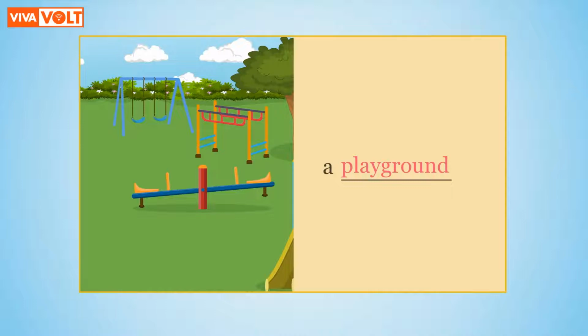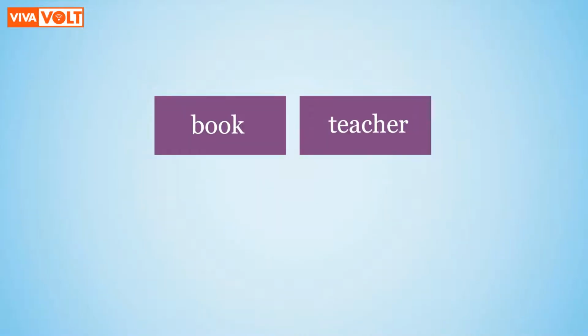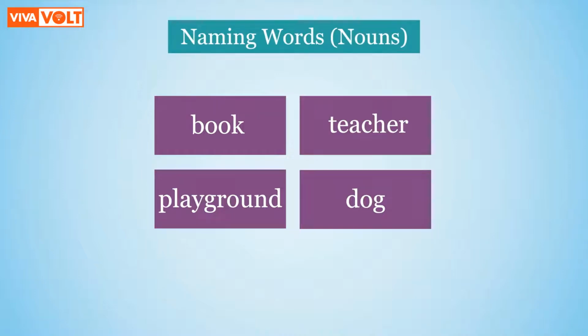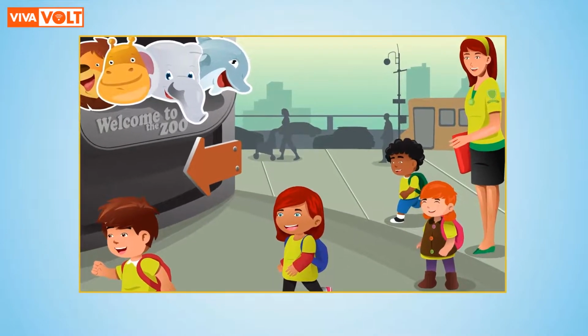Let us look at one last picture together and try to name it. What is the name of this animal? This is a dog. Children, in the game that we just played, book, teacher, playground and dog are naming words or nouns.